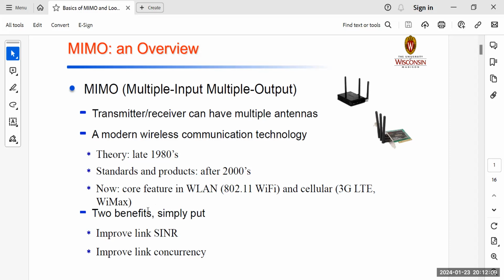So what are the two key benefits of MIMO? The first one is improved link signal to interference noise ratio. And the second is improved link concurrency, that is simultaneous parallel transmission and reception. So these are the two key advantages of a MIMO network.